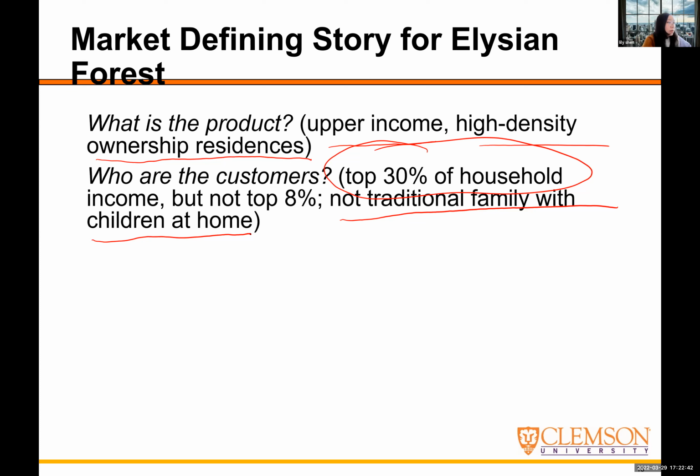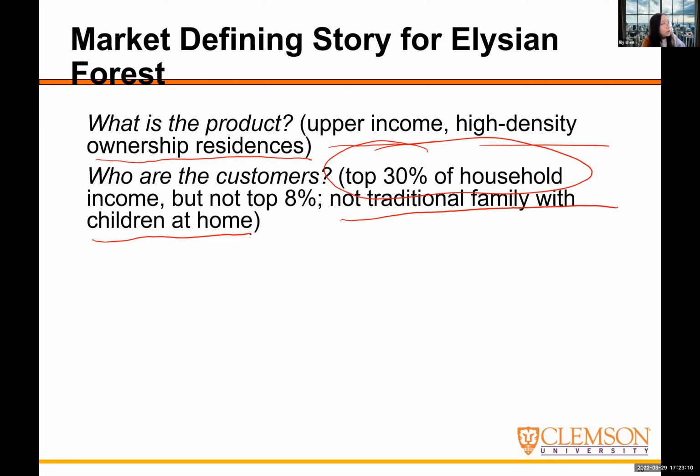Yeah. So whenever they're referring to traditional family, they're talking about two parents and children. Why is that? Whenever people have children, they prefer bigger yards, more privacy for their children to play at. And they have more labor to maintain the yard.